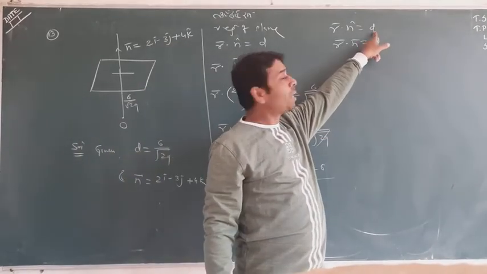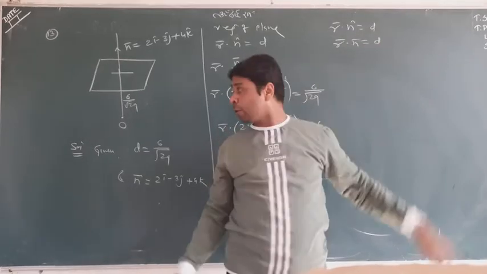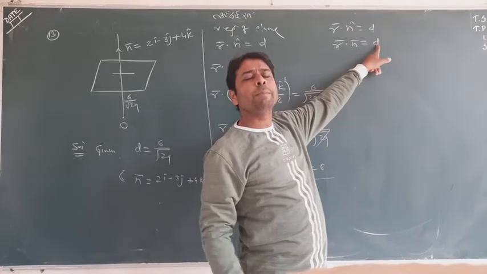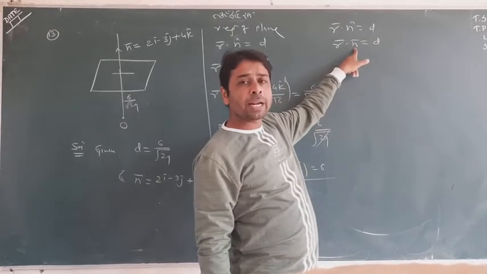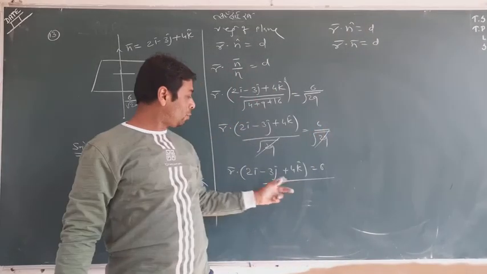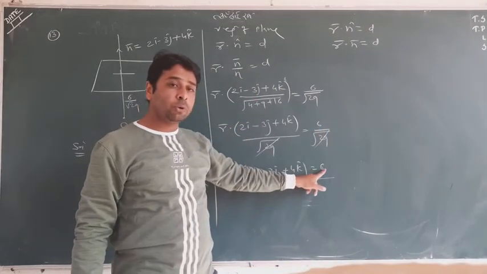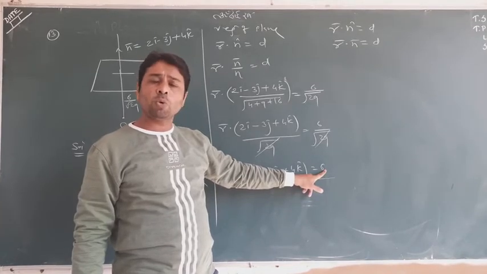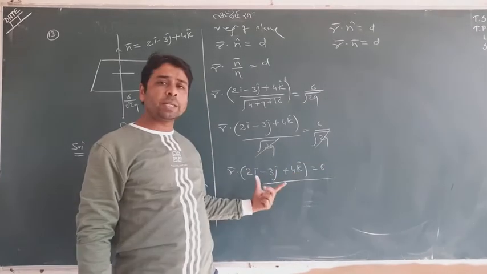This d, because n cap is used, is the perpendicular distance of the plane from the origin. But this d is a simple constant number because that is n. So this is the general form, and that is the normal form. Can you see? R dot n equal to this is not the perpendicular distance of the plane from the origin. It is only a constant value.